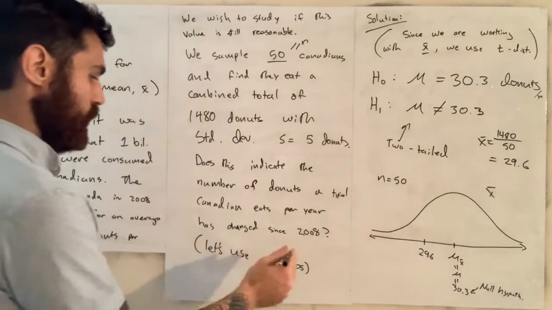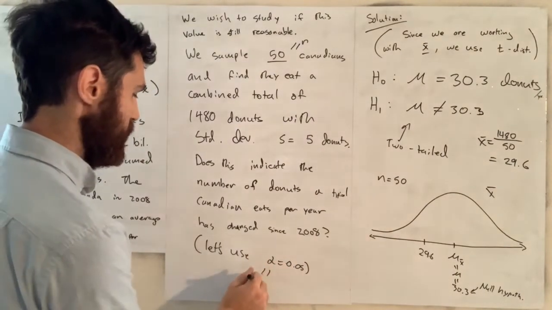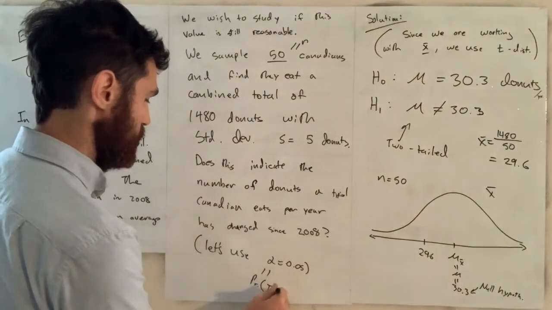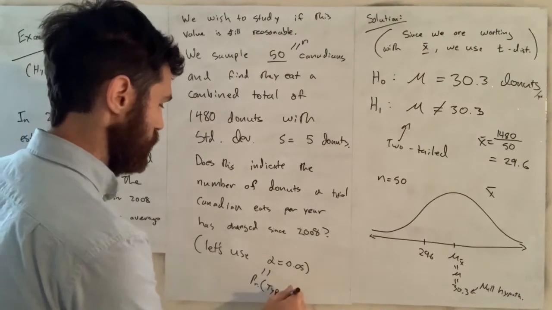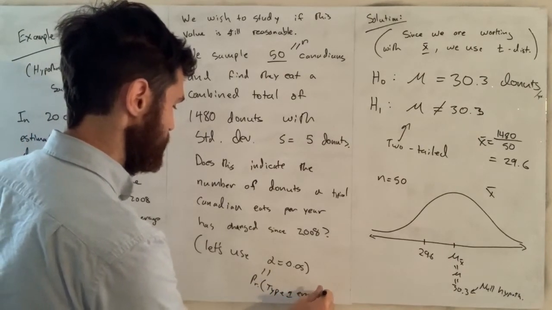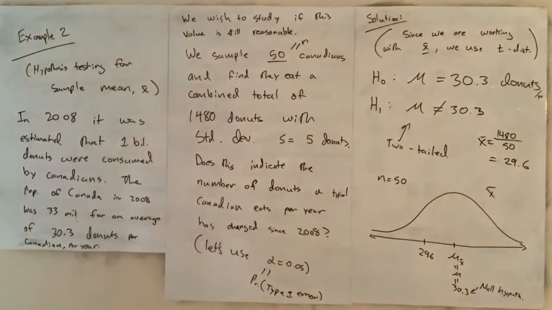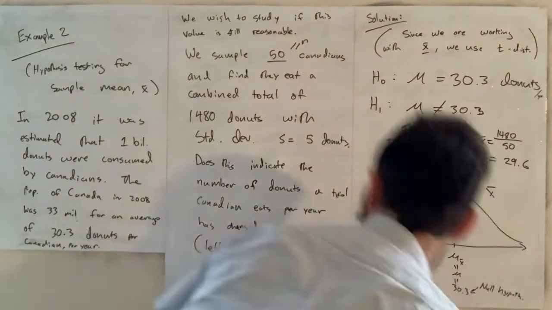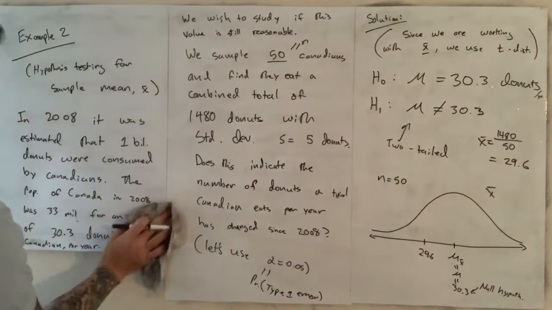So again, what this is saying is this is the probability of making a type 1 error, and it's the level of significance. So this is what we want to set it at. Okay.